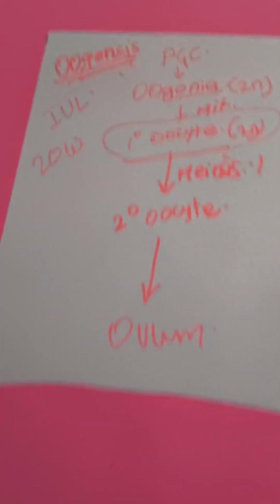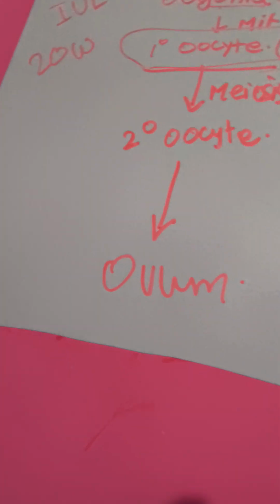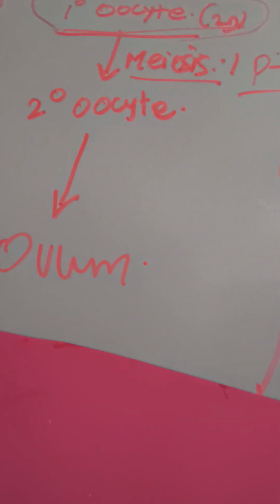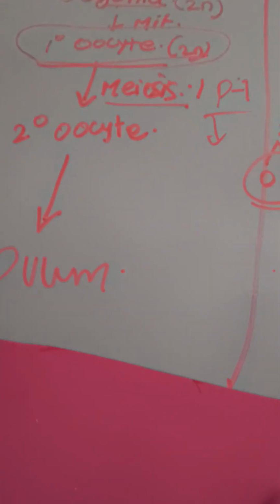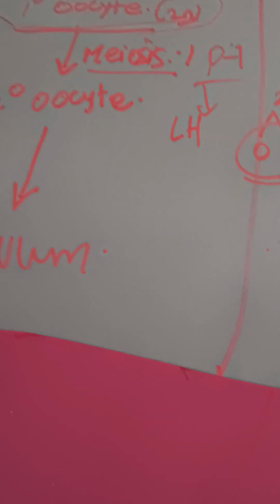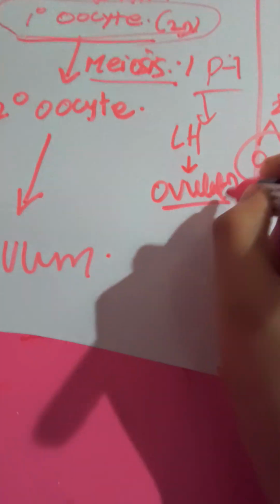These primary oocytes at birth are arrested in meiosis 1, prophase 1, and it will continue only after puberty. When puberty occurs, gonadotropins are released, there is an LH surge, and ovulation will occur.